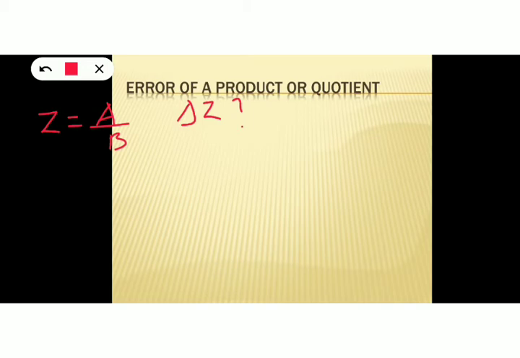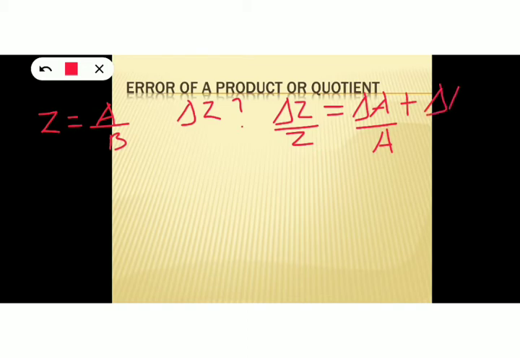The relative error in Z is obtained by adding the relative error in A with the relative error in B. So the same procedure we need to follow here. But what about the true value part? The true value is obtained by dividing the individual values.